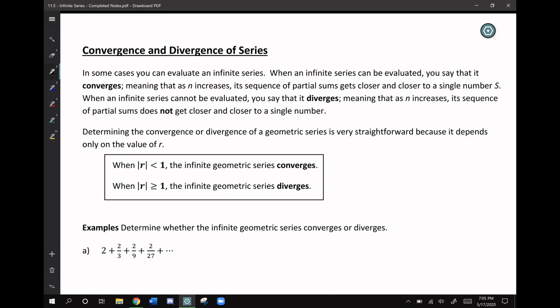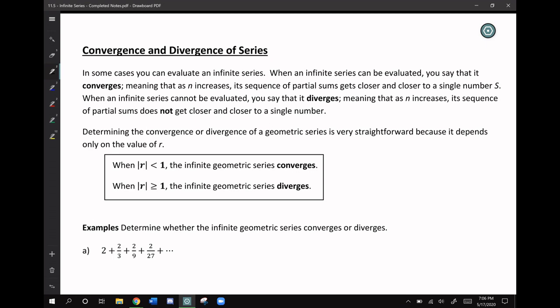So, for our purposes, if a series converges, it means it has a sum. If a series diverges, it means there is no sum. So when there's an infinite series and it converges, it has a sum. When it diverges, it has no sum.